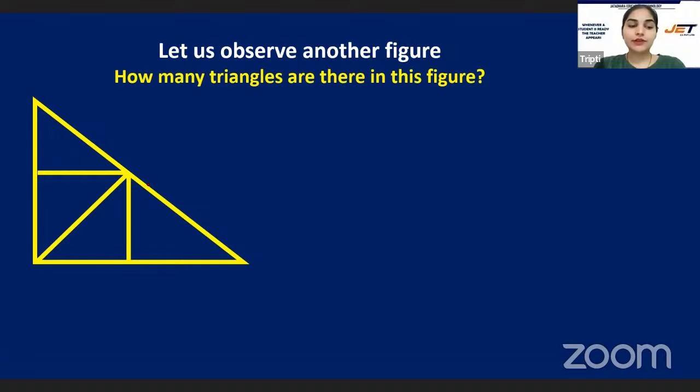Look at this figure carefully because there are some hidden triangles as well that you need to focus on and check.